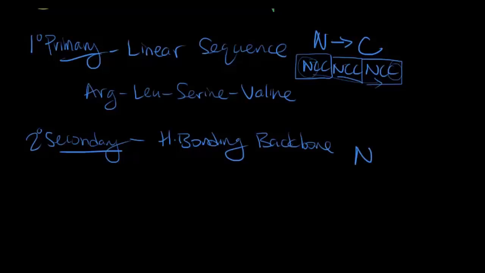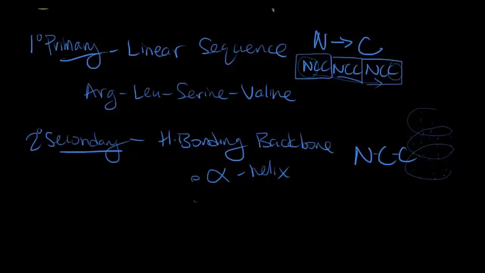Backbone atoms, if you'll recall, are the NCC, anything that's not an R group. So if we have a bunch of these together, they'll naturally form bonds with each other. This that I've drawn up is a crude sketch of an alpha helix. There are also beta sheets that we want you to know. These are the two general forms of the secondary structure.